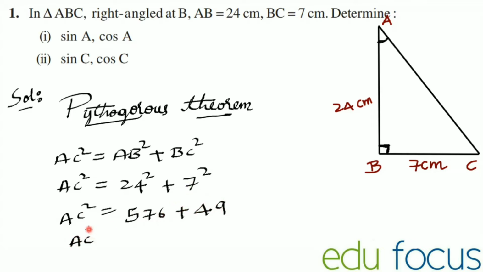So AC square is equal to 576 plus 49. I'm getting 625.